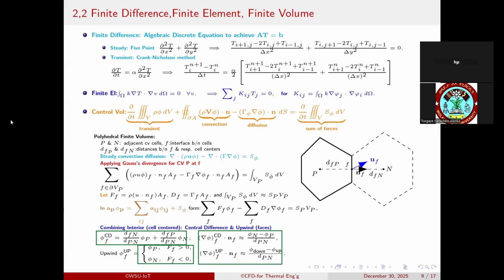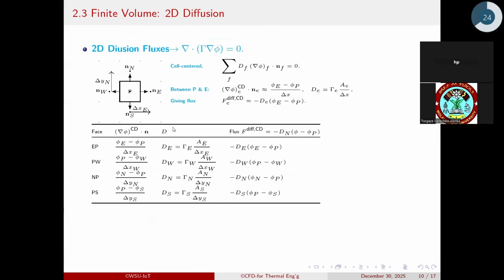Pure diffusion can also be discretized using the finite volume method, cell-centered scheme, and upwind in 2D with neighbors east-west, north-south, and the internal face between P and E with the spacing X.